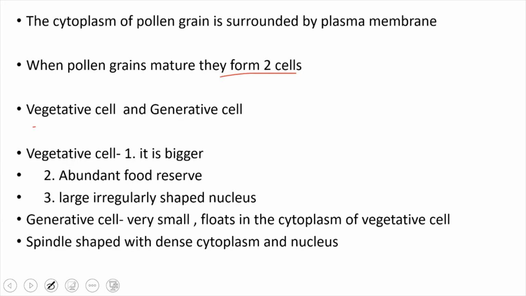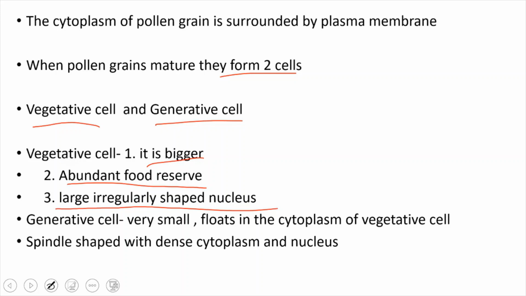One is the vegetative cell and the second is the generative cell. The characteristics of the vegetative cell are that it is bigger, has abundant food reserves, and has a large, irregularly shaped nucleus.